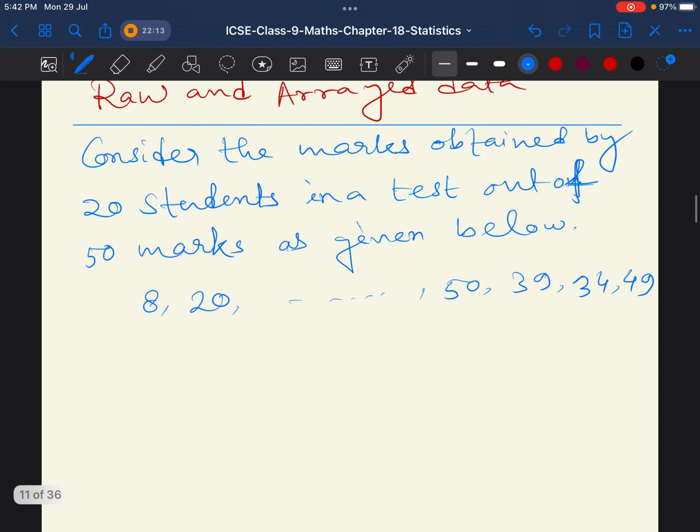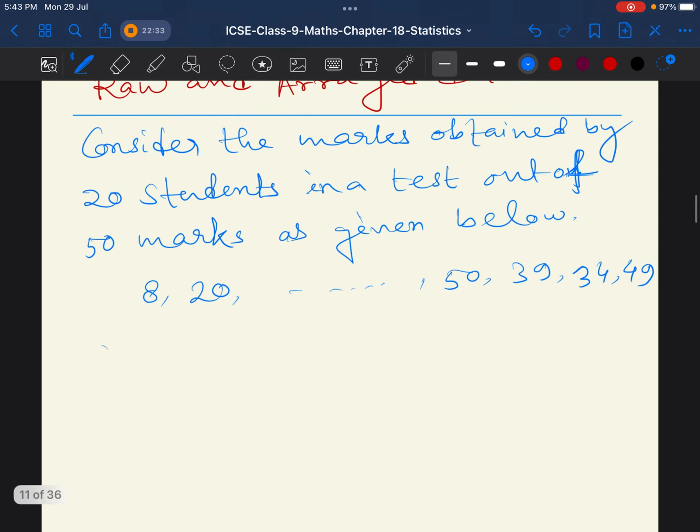So here you see this data. The data in this form is called raw. It isn't arranged. It is obtained in its original form. So this is called raw.